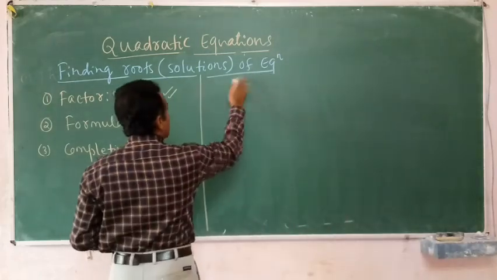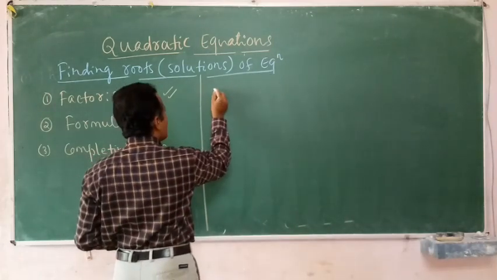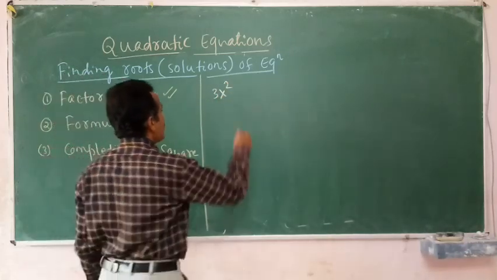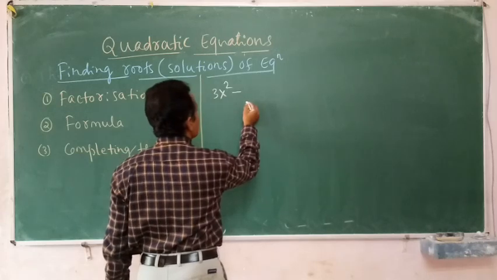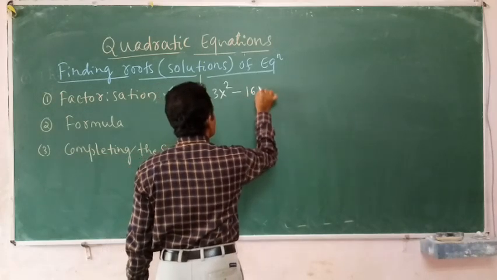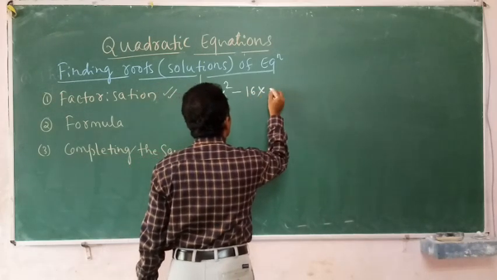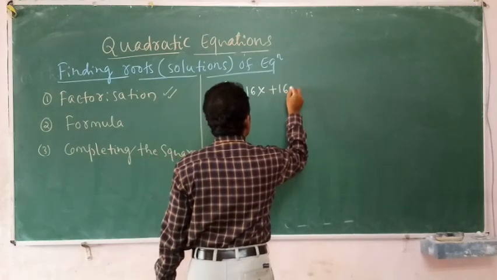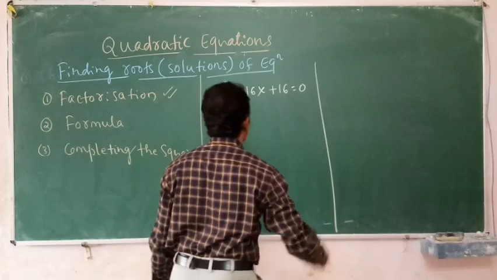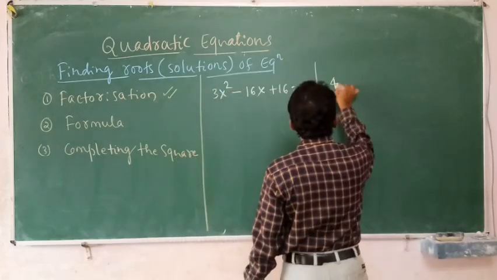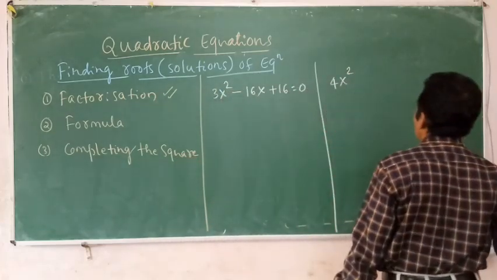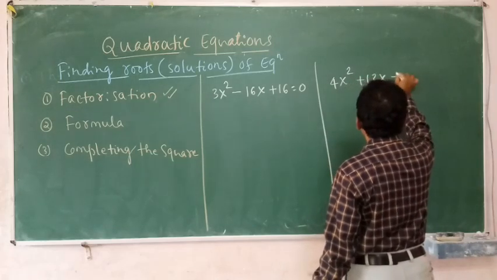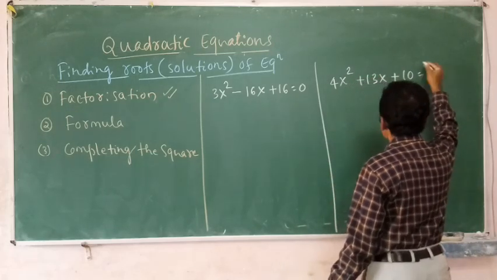Let us take a problem. Say 3x square minus 16x plus 16 is equal to 0. And 4x square plus 13x plus 10 is equal to 0.